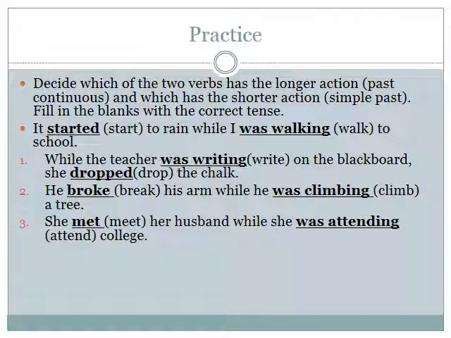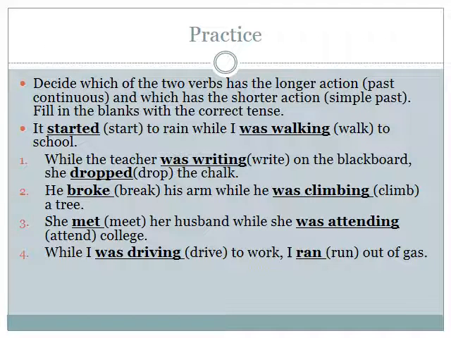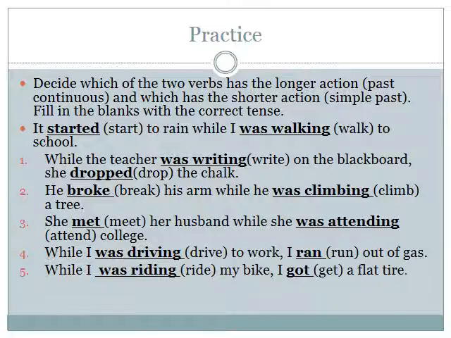She met her husband, short-term action, while she was attending college, long-term action. While I was driving to work, long-term action, I ran out of gas, short-term action. While I was riding my bike, long-term action, I got a flat tire.